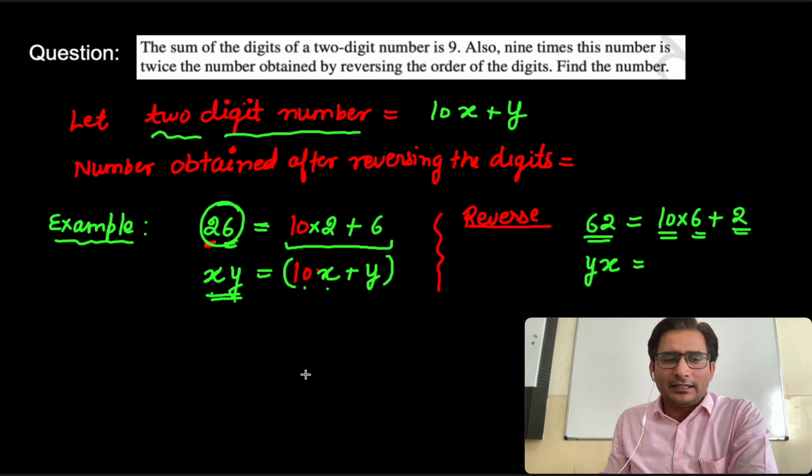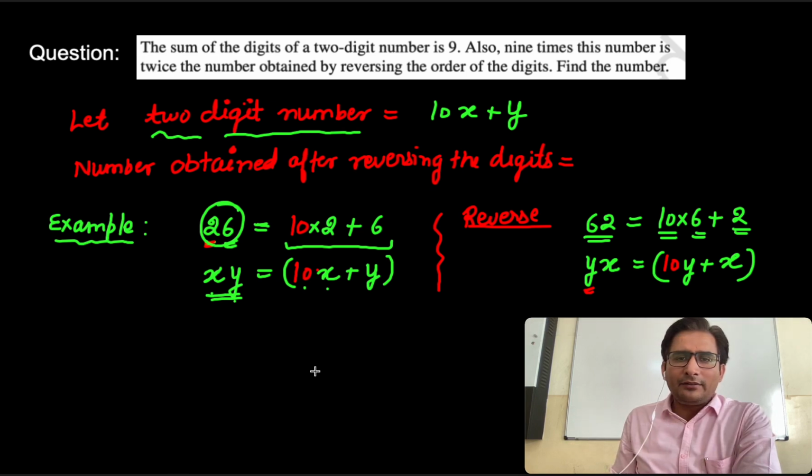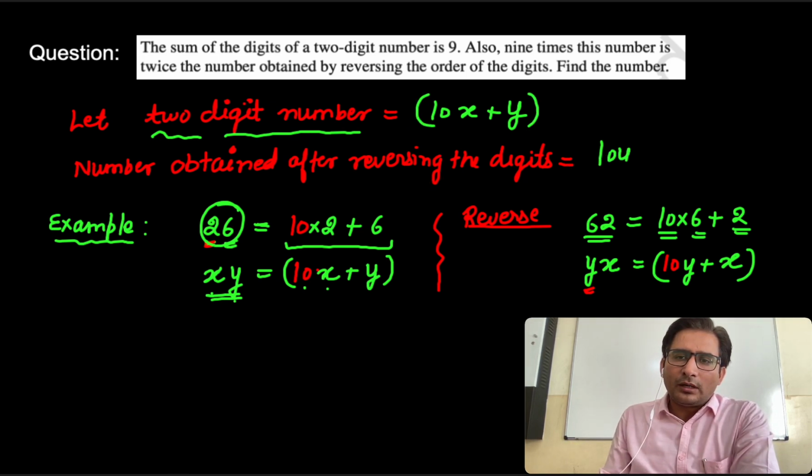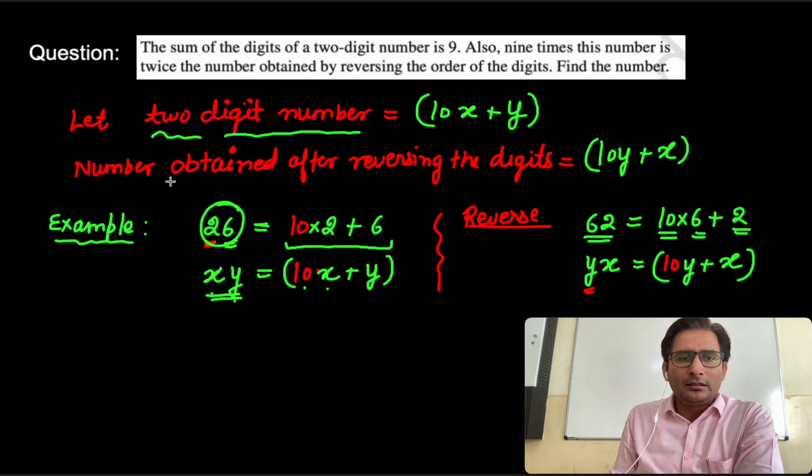And yx can be written as, y is at which place? At 10's place. So 10 multiplied with y, yes, you are absolutely right, 10y plus x. So after reversing the digits, the number obtained is 10y plus x.